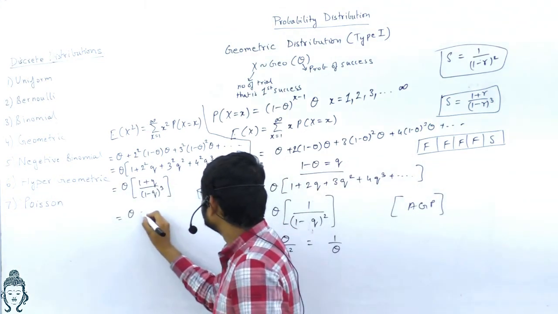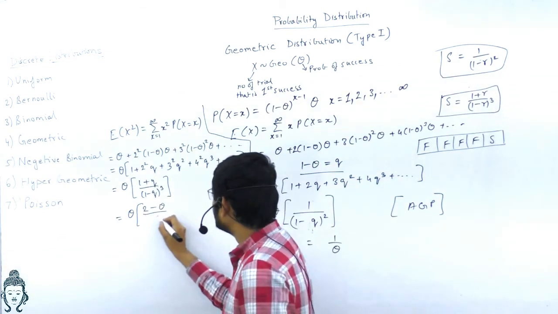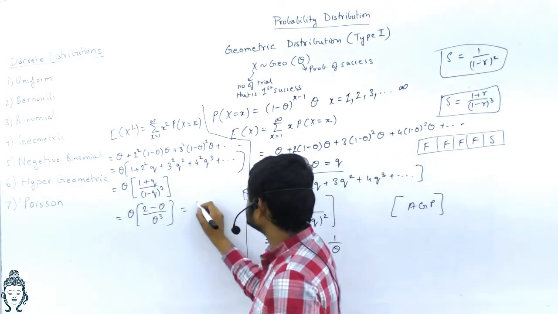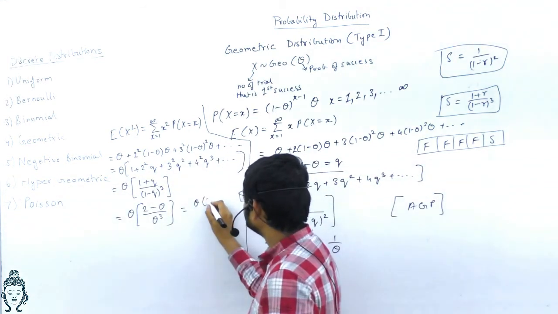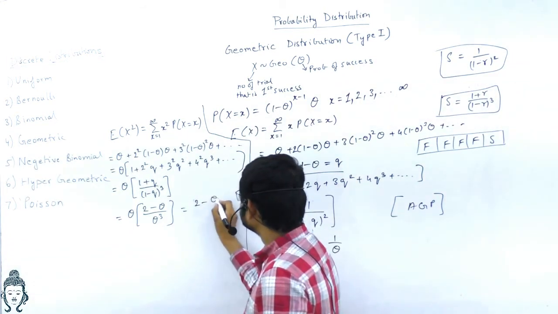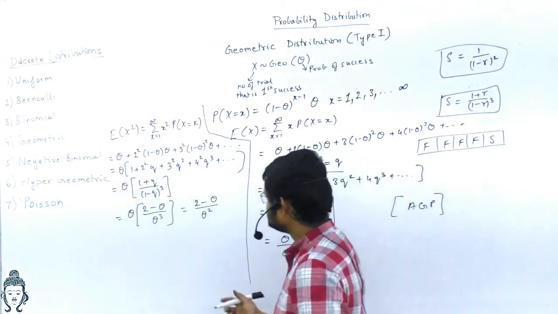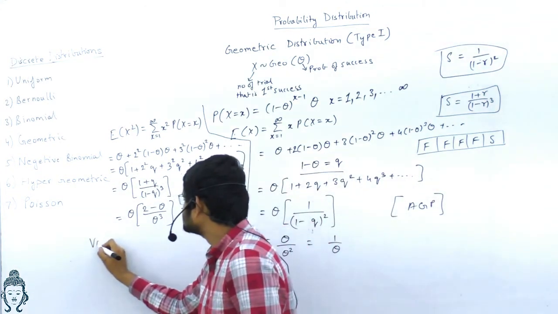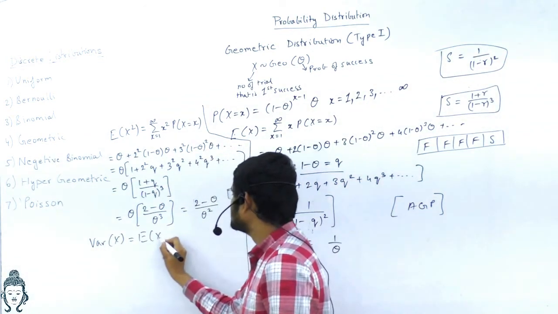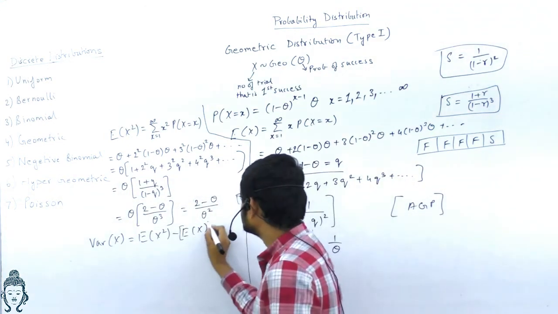So you'll get theta into 2 minus theta upon theta cube, or you can say this is nothing but 2 minus theta upon theta square. So what will be our variance? Variance of x is nothing but expected value of x square minus expected value of x, the whole square.